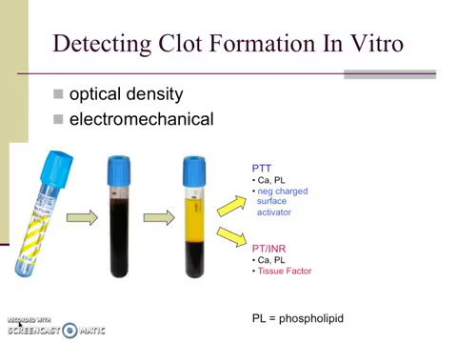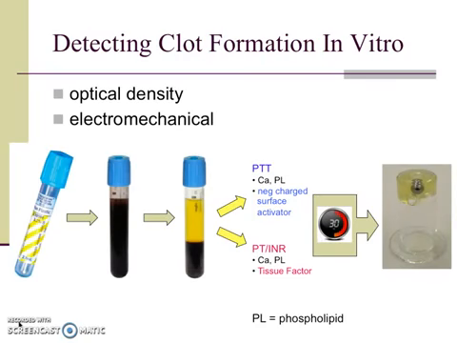Either way, the end result is that the common pathway is activated in both the PT and PTT test to convert liquid plasma into the solid state. The time to clot formation is measured by the analyzer's internal timer, and the timer will stop as soon as the liquid plasma is solidified. Therefore, the common pathway factors are assessed by the PT-INR and PTT tests together.